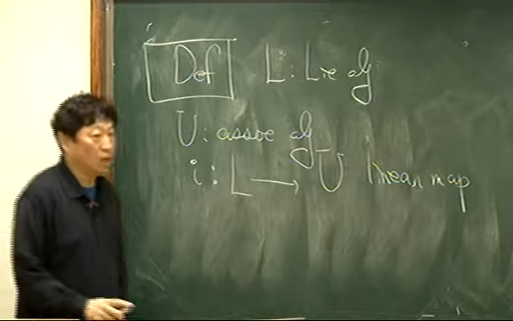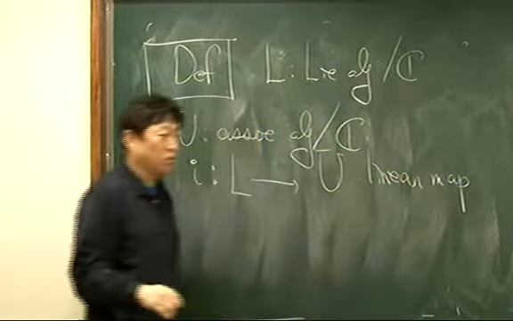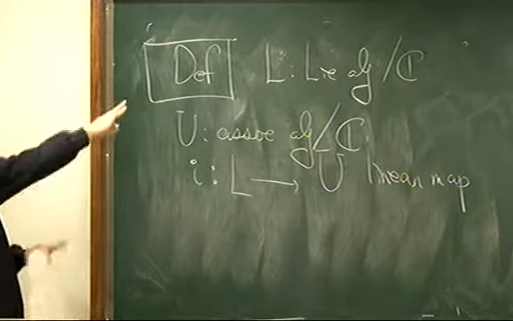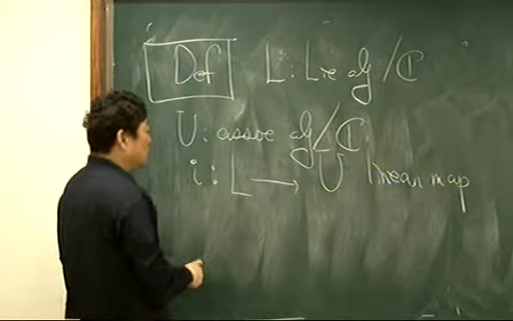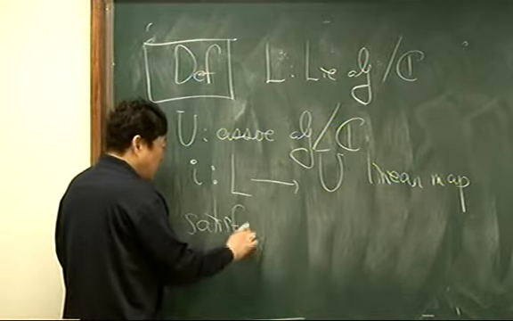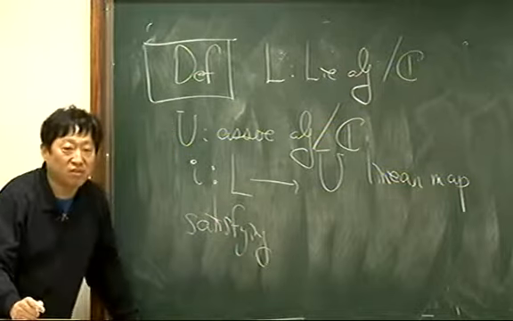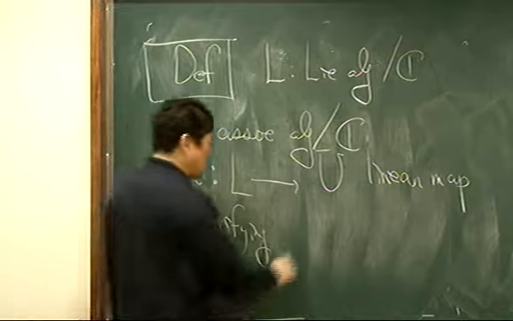It is for any field, but today, in my lectures, I will focus on C. This definition works for any field. So the linear map satisfies the following properties: it preserves the bracket.